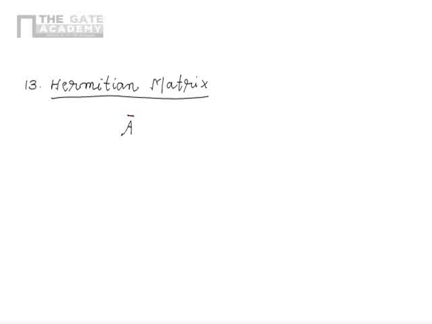If you take the complex conjugate of each element, and after that take the transpose of that matrix, then it should be equal to the original matrix A. So in the case of a Hermitian matrix, it should contain complex numbers.